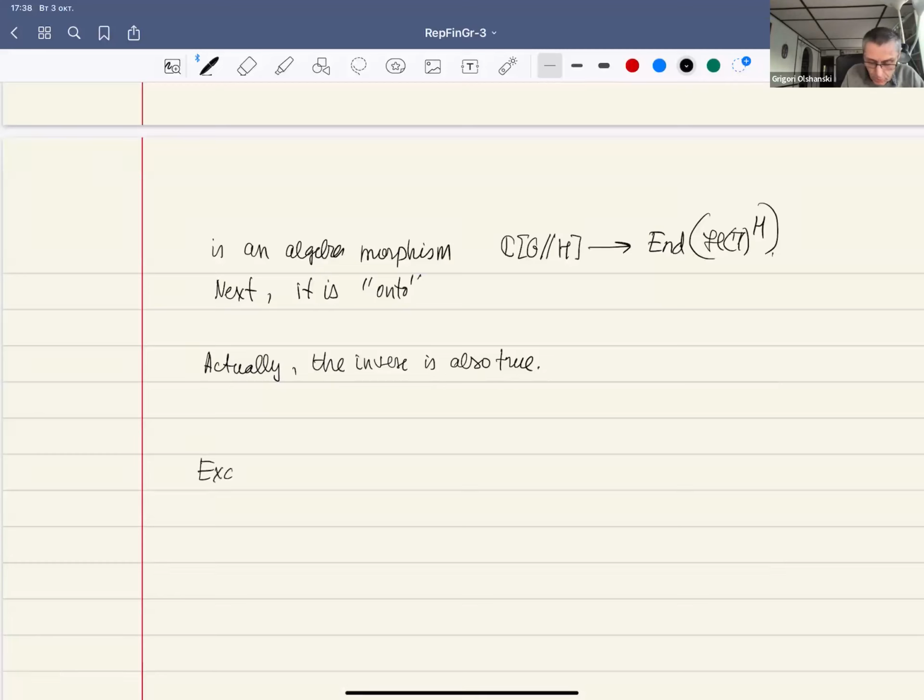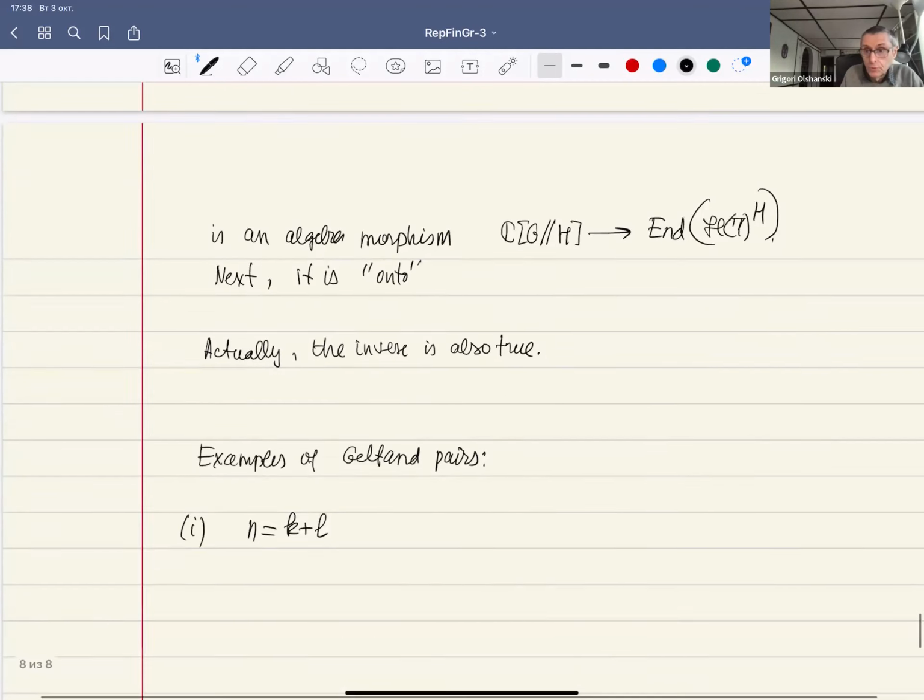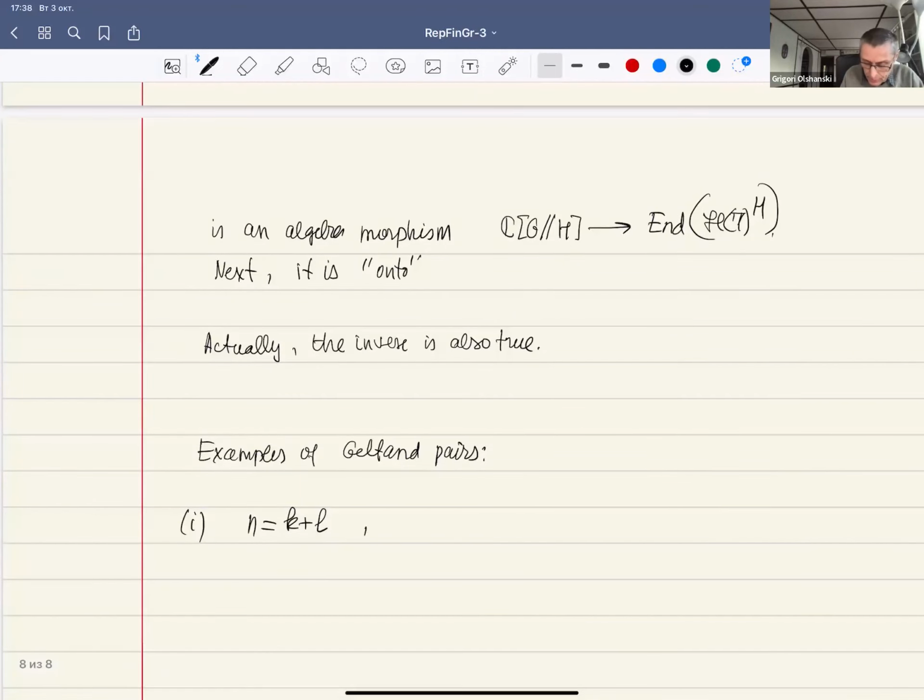Examples of Gelfand pairs. One example is as follows. Let n be written as a sum of two natural numbers and consider the symmetric group.